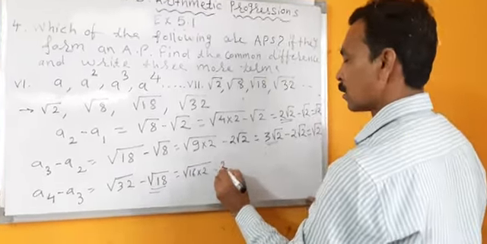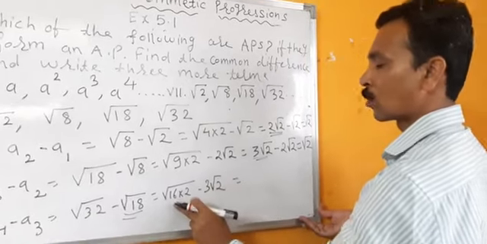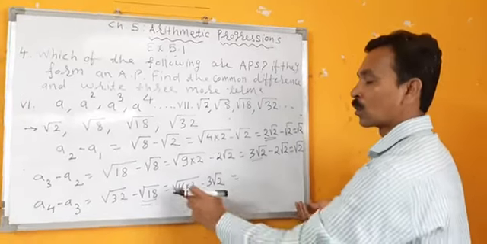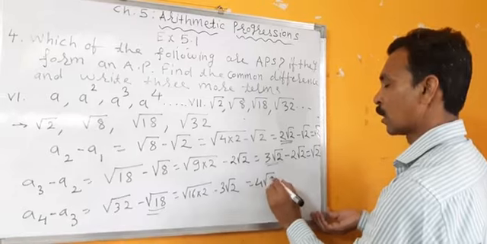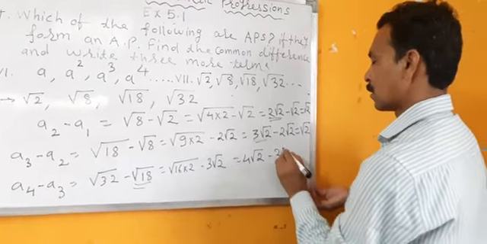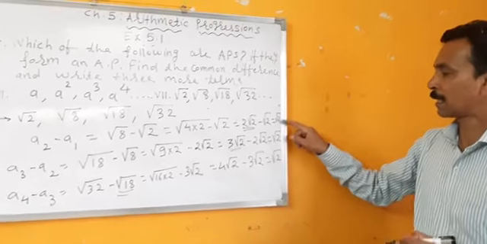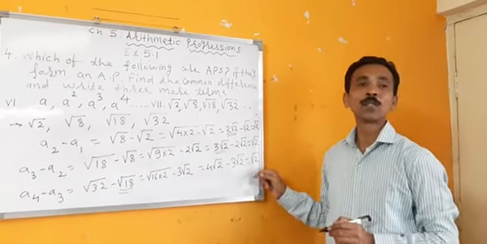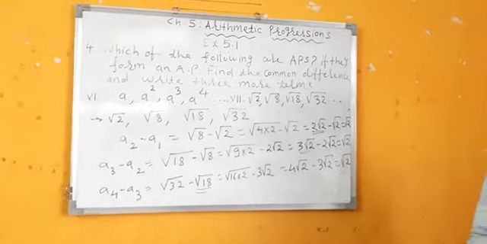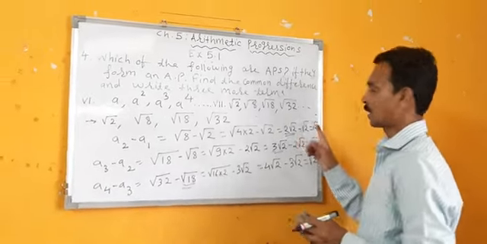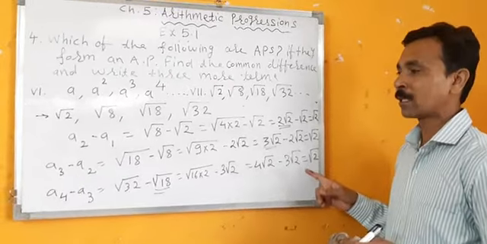What is square root of 16? 4. So it becomes 4 root 2 minus 3 root 2. What is 4 root 2 minus 3 root 2? Root 2. See the common difference. All are root 2. It means the series forms an AP.